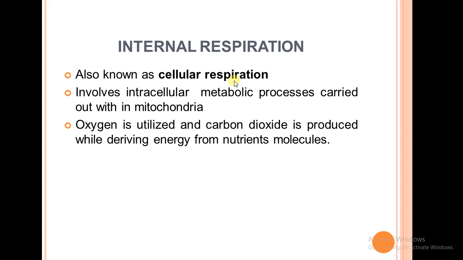It means the intracellular metabolic processes which are carried out within the mitochondria, and in these processes oxygen is utilized and carbon dioxide is produced to derive the energy from the nutrient molecules. So how the nutrient molecules are utilized in the presence of oxygen to produce energy, that process is called internal respiration.